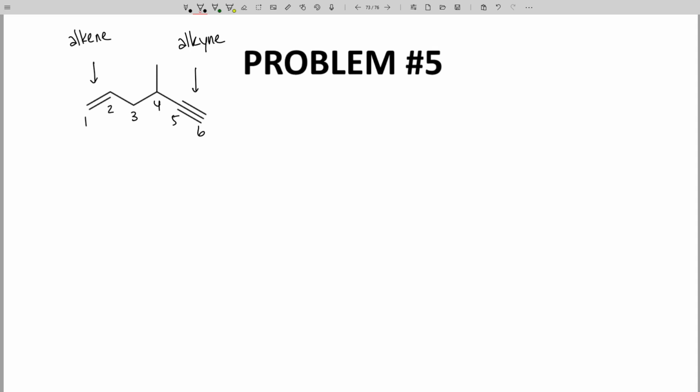Now, how do we take care and name this molecule? Because it contains an alkene and an alkyne, and both those kind of get stuck at the end of the name. Here's what we're going to do. These are called ene-ynes. So we're going to say this is a 1-hexene, and now we have to slip in between the ene and the yne the number, the position of the alkyne.